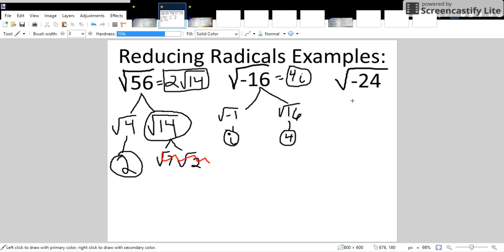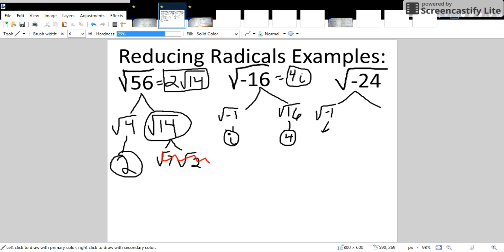Okay, now see if you can try the last example. Go ahead and pause the video, pull out all the perfect squares. Okay, we have a negative again, so we can pull out square root of negative 1.